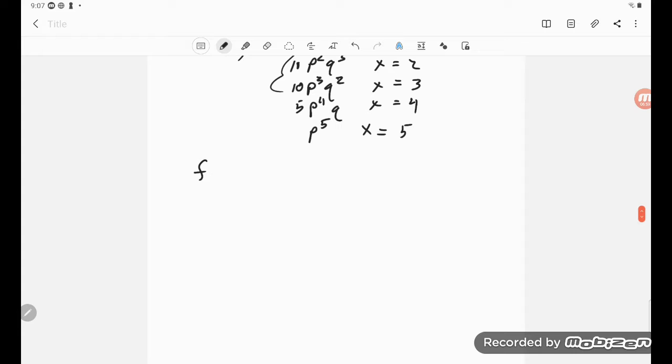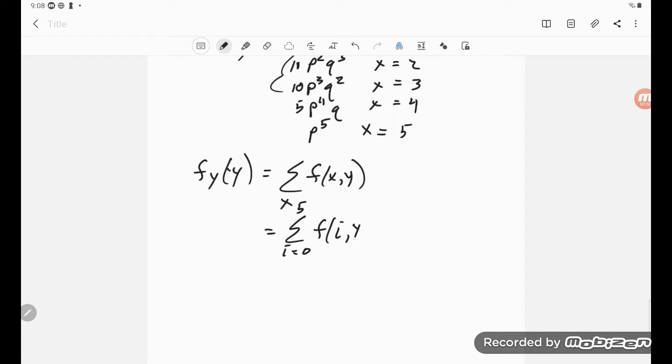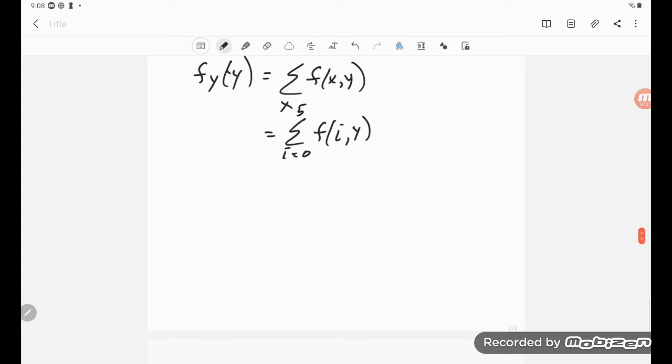Now similarly, I could do f_Y of y. That's the sum over all the x's of f of x and y. And so to do that, I would sum i equals 0 to 5 of f of i, y. And so once again, if I take, say, f_Y of 0, that's the sum i equals 0 to 5 of f of i, 0.